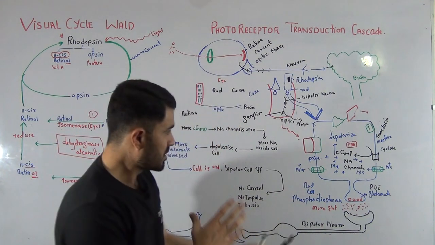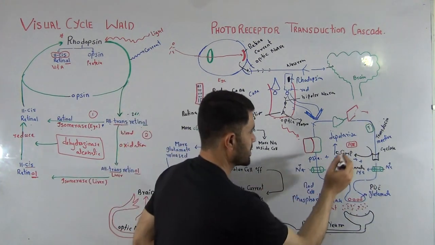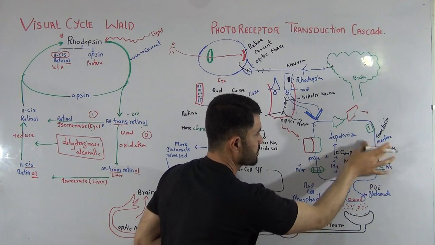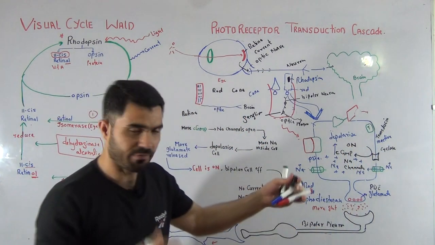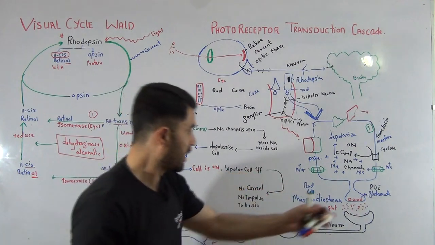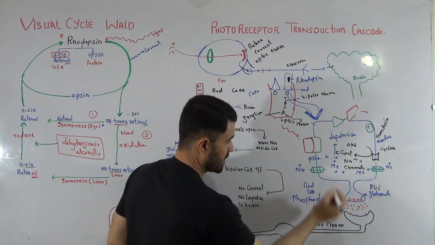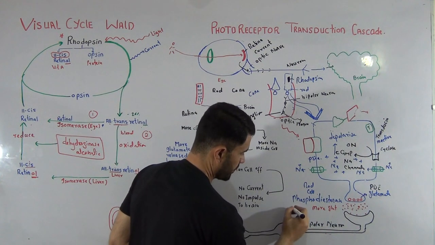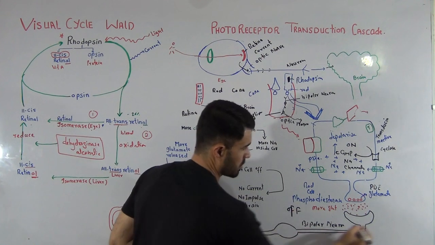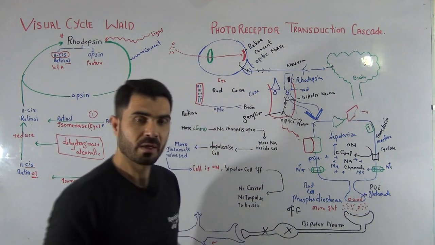Once we see a large number of glutamate is there, the rod cell seems to be on, because of large number of sodium ions and large number of glutamate. This cell is on, but this causes this neuron to stop, to be off.